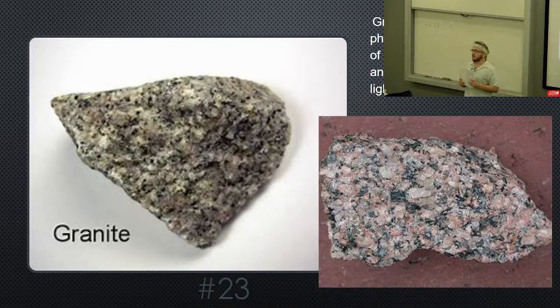So it is higher in silicon and it is intrusive. It is primarily composed of quartz and potassium feldspar with other minerals, or mafic minerals like biotite, but these minerals are large enough to be identified with the naked eye due to it being intrusive.